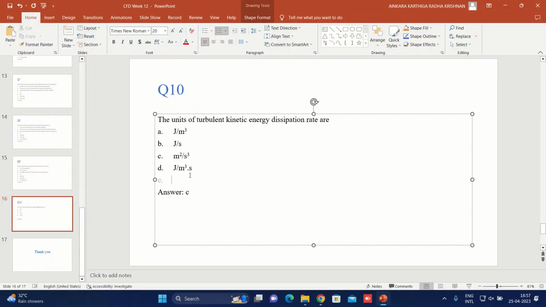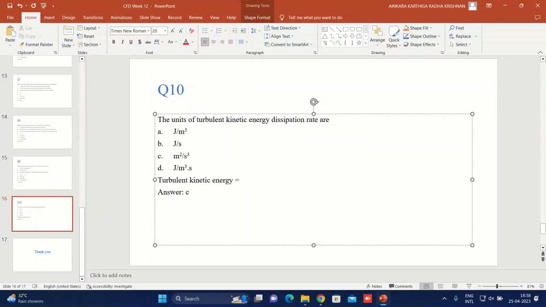Turbulent kinetic energy is given by the root mean square of the kinetic energy, as we have discussed before.